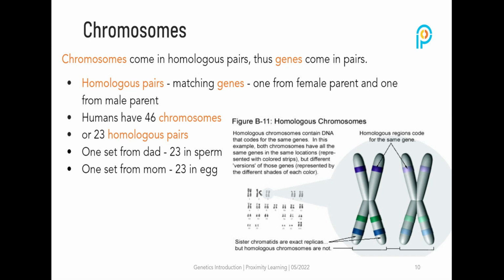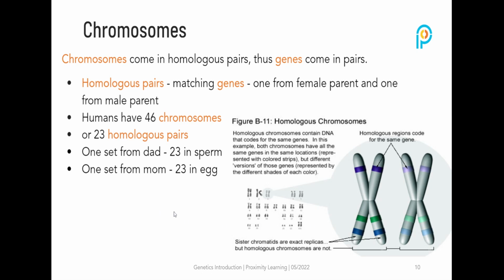So, homologous chromosomes contain DNA that codes for the same genes. In this example, both chromosomes have all the same genes in the same locations, and it's represented with these colored strips. But different versions of those genes are represented by the different shades of each color.